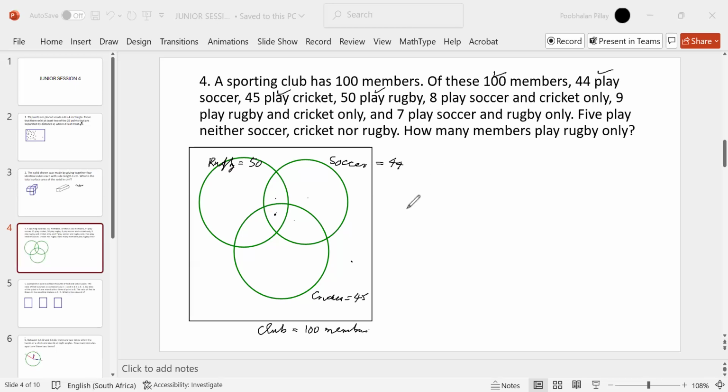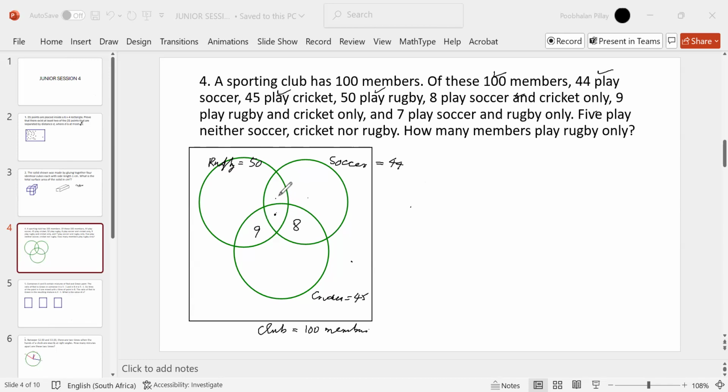8 play soccer and cricket only. So they don't play rugby. So there are 8 here, outside this. I've taken care of that. And then 9 play rugby and cricket only. So that thing is 9.